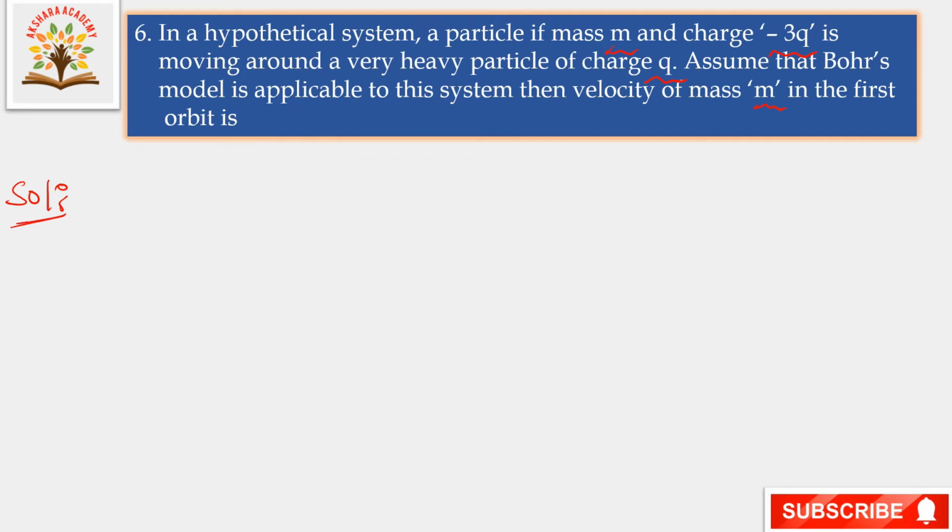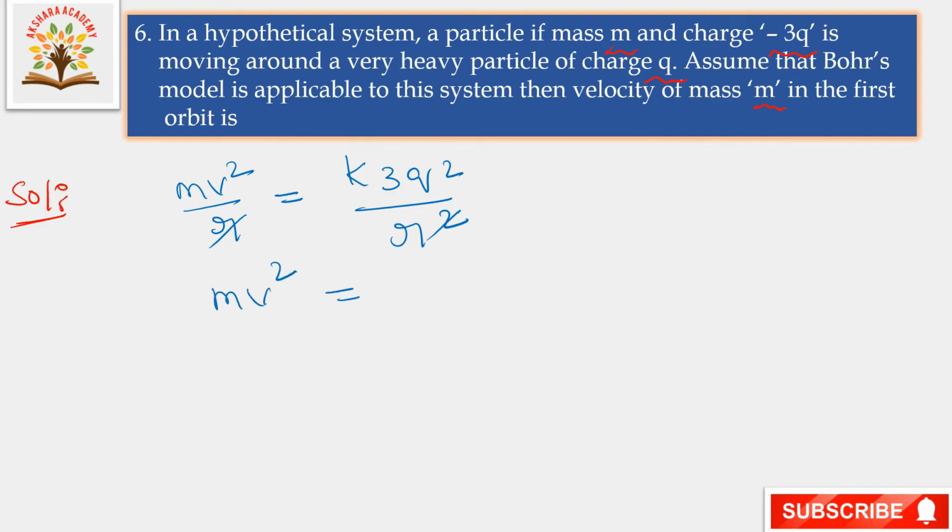Here mv square by r is equal to k 3q square by r square. r gets cancelled. So mv square is equal to k into 3q by r. Consider this as equation number 1.